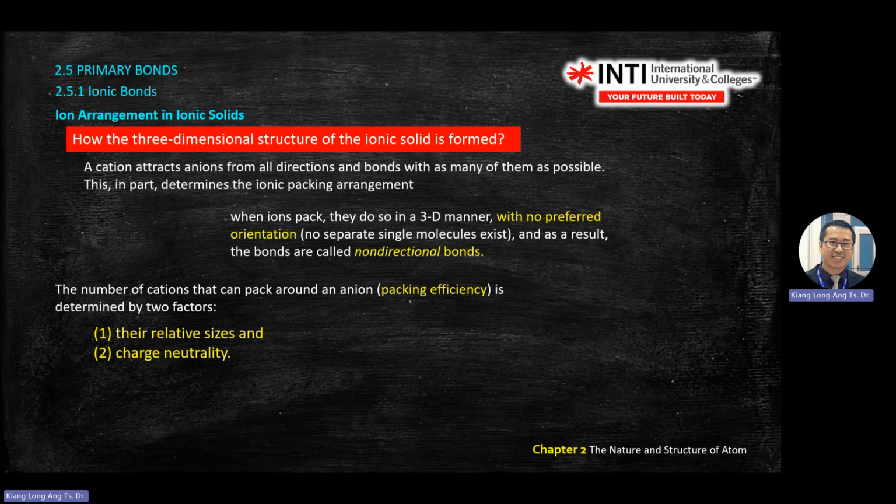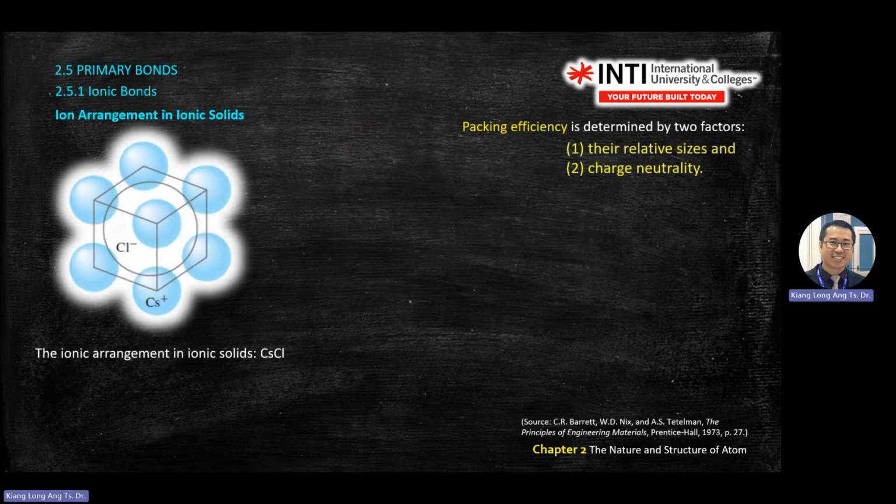Sometimes you see 2, sometimes you see 1, sometimes minimum will be 3, maximum it depends. So for example, NaCl, it looks something like that. All right. So this one we'll learn about the packing efficiency in chapter 3 later.